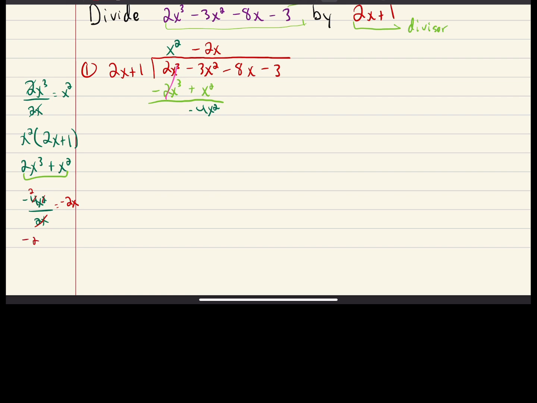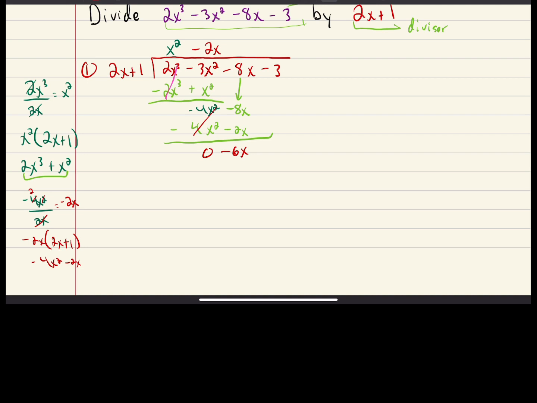And then we're going to take this and multiply it by the divisor, and it's going to give us minus 4x squared minus 2x, and we're going to subtract this here. But before we do that, remember, bring the term down, so minus 8x. Now we're going to go minus 4x squared minus 2x. This is going to cancel the 4x squared over here, and then minus 8x minus 2x is going to give us minus 6x.